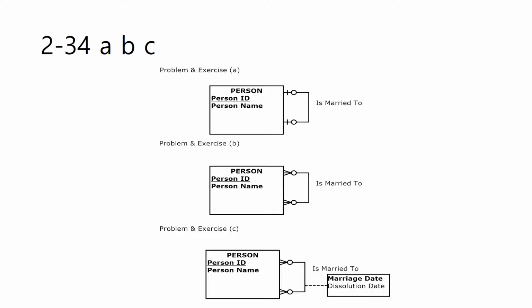the appropriate non-primary attributes. And then D, the same situation as in C, but now assume, which you did not do in C, that the same two people can remarry each other after a dissolution of a prior marriage to each other.